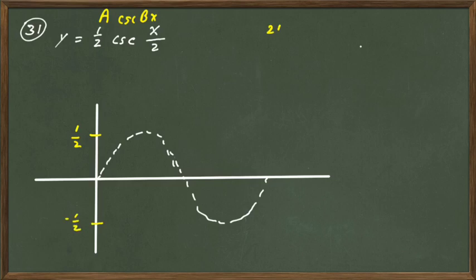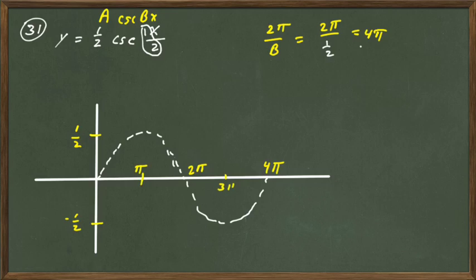The period is 2 pi over b. 2 pi over, what is the b here? 2 pi divided by 1/2 makes the period 4 pi, right? So this would be 4 pi, this would be 2 pi, this would be 1 pi, this would be 1.5 pi.